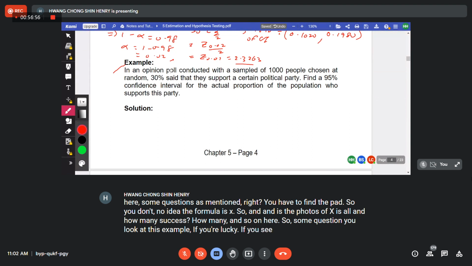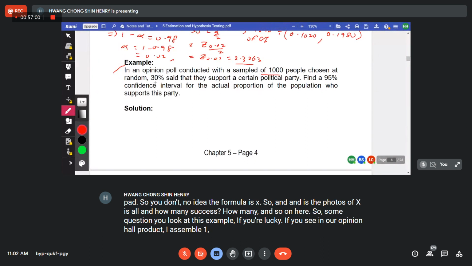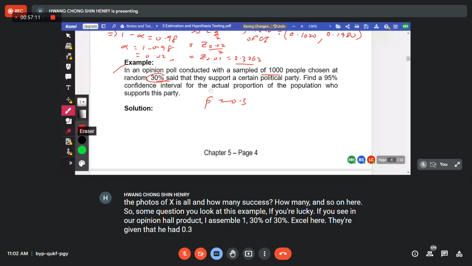In an opinion poll conducted on a sample of 1000, 30%. That's your p hat already. You're given the p hat 0.3, no need to calculate. So your p hat is 0.3, that means your q will be 0.7.